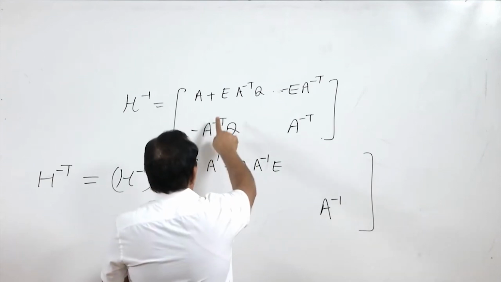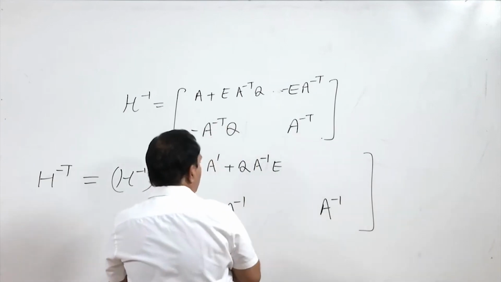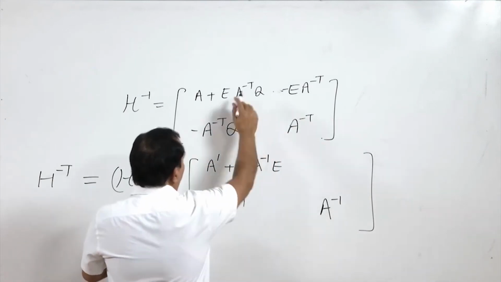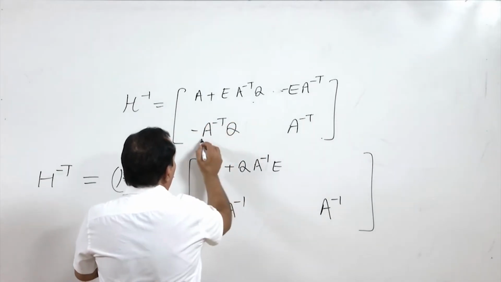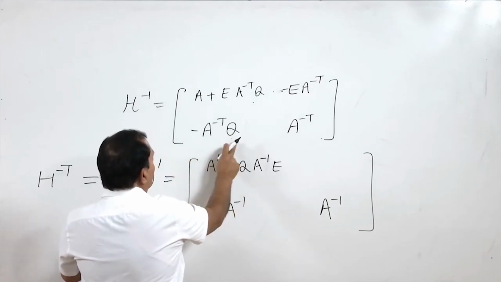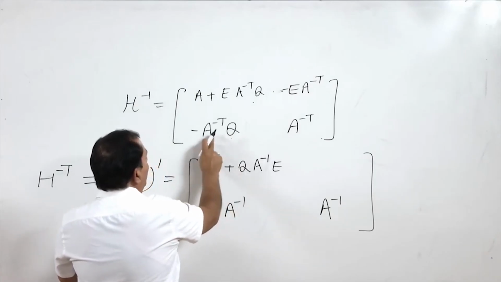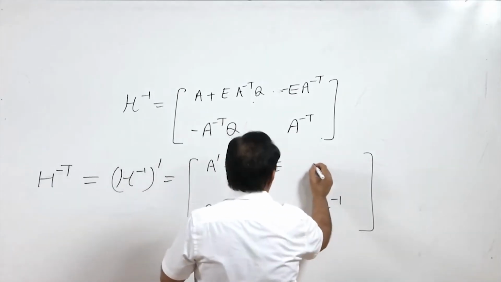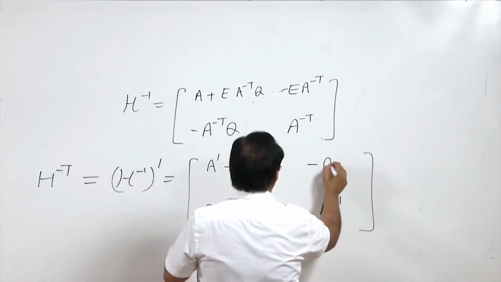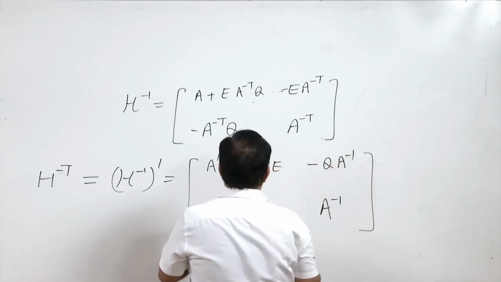In these terms we are transposing, so I get the first term in the first row, and my second element will be the transpose of minus A to the power minus T Q, which will be minus Q A inverse.